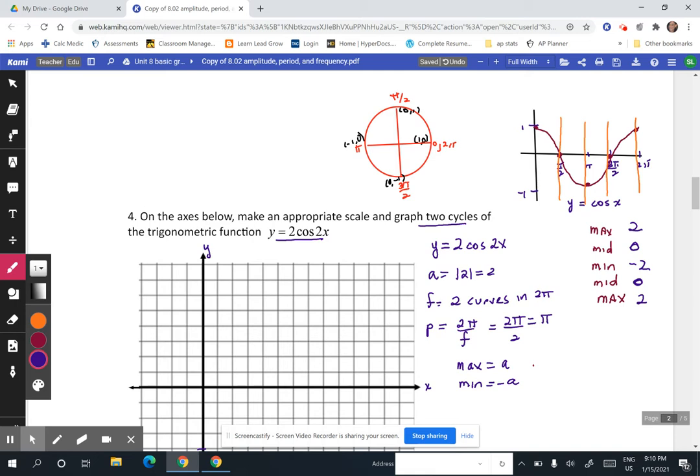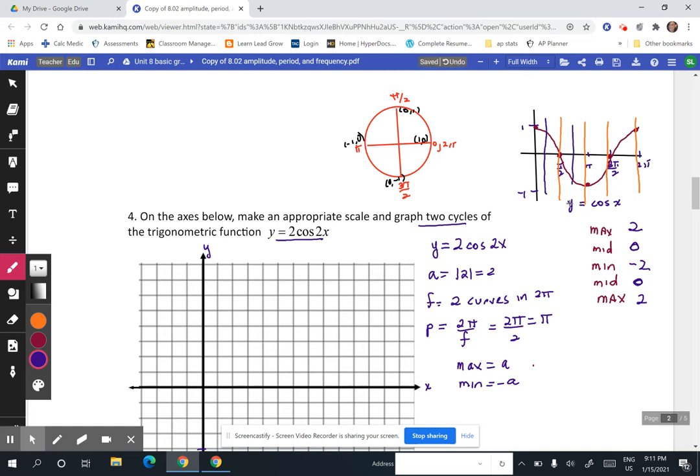So now we have to figure out how far we have to space the points. When it was just the function y equals cosine of x, and we divided the period of 2 pi into 4s, every point was spaced pi over 2 from each other. But now we're looking only at a period of pi, and we need to break it into 4s, so the spacing of our points is going to be smaller.